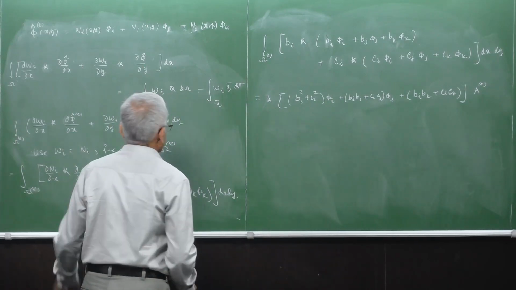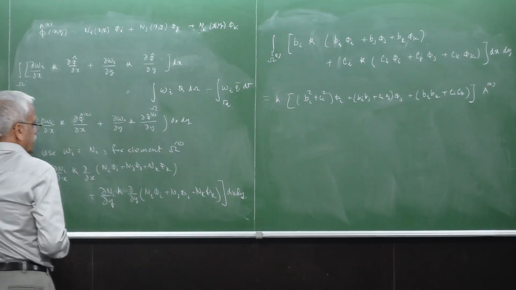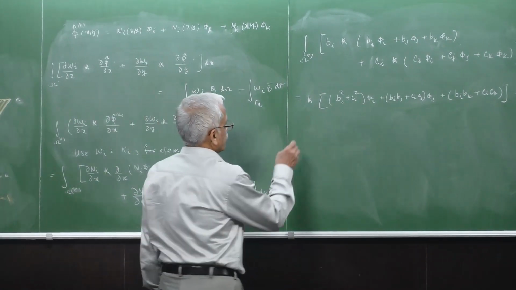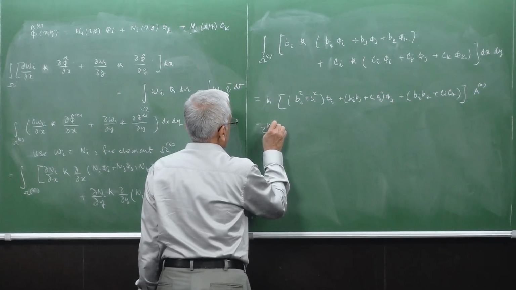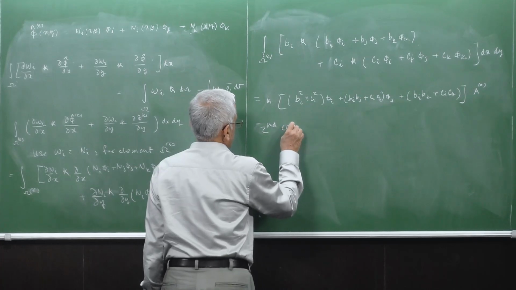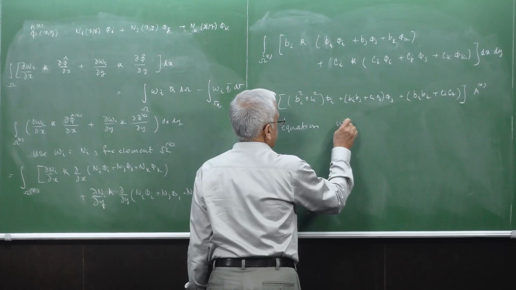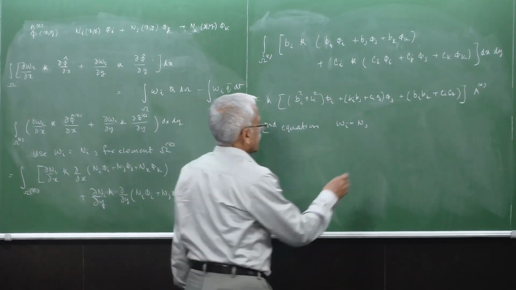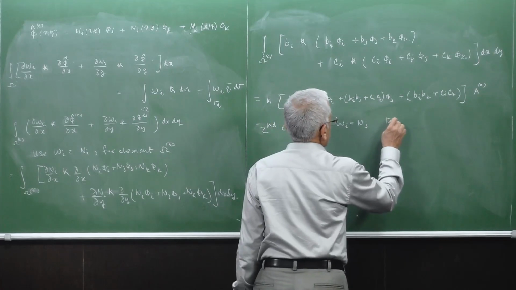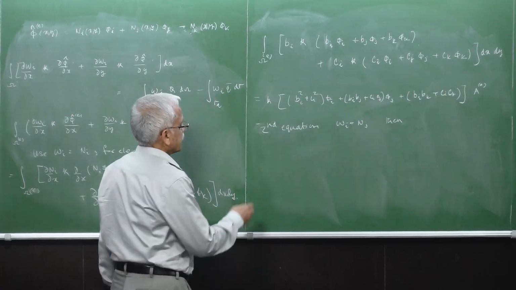And for the second equation we use wi equal to Nj. Then we follow the same procedure. In fact, many of the terms are very similar.